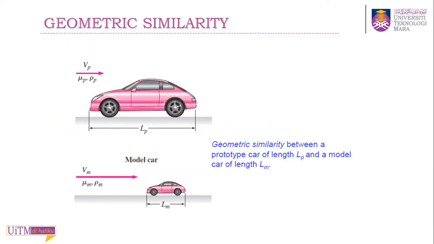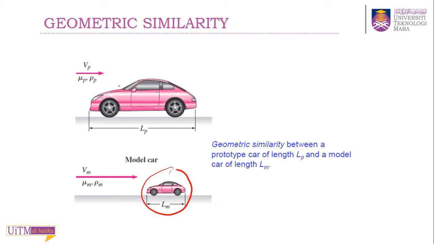For example, if you make a car, this is your model car, the small one. You want to cut the cost and time, so you make a model first. But the geometry of this car must be the same as the prototype with the scale factor. You might have a scale factor of 20 or 40, and it must be the same for your tire, your door or whatever.